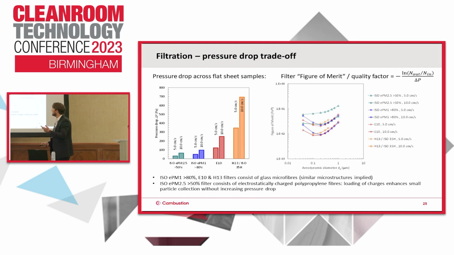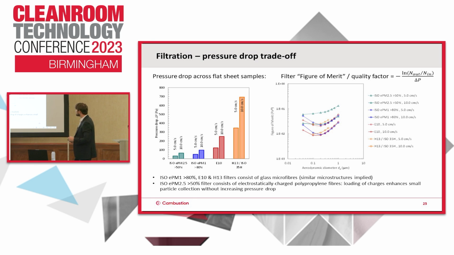And then again, as with the face mask, measuring the pressure drop. So a useful property of this trade-off equation that I've already shown for the face mask is that the value would be expected to be the same for multiple layers of the same filter. So the fact that the blue, red, and orange samples here have largely collapsed on the same line in this filter figure of merit plot implies very similar microstructures in those filter samples.